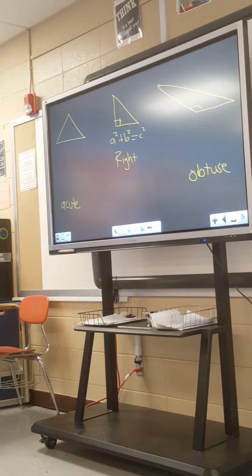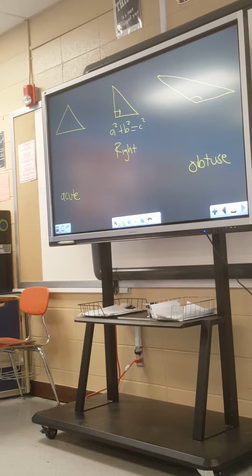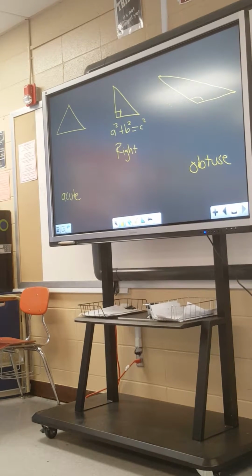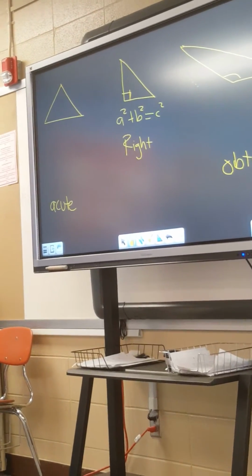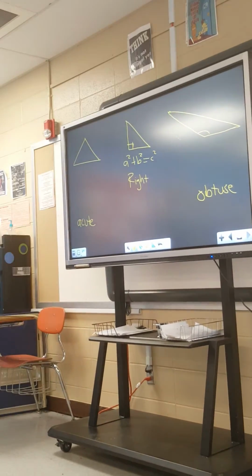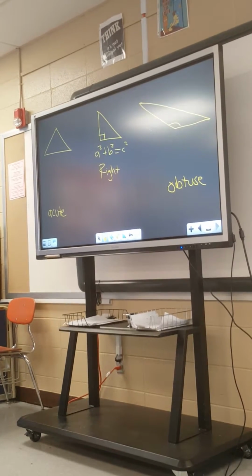So now I'm trying to figure out a way to use the Pythagorean Theorem so that if I work a problem out, I can tell whether this is an obtuse or an acute triangle.